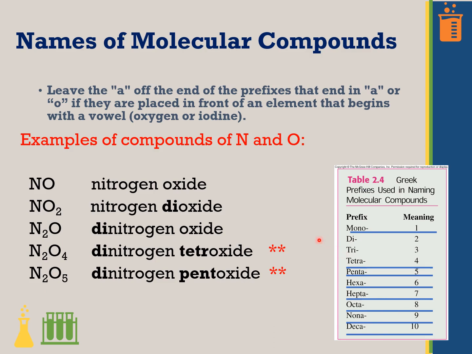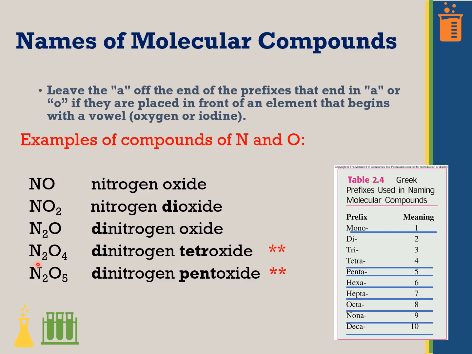So what this rule is trying to do is not have two vowels, the A or the O, next to each other, but that won't apply if it's di or tri. So if the prefix ends in A or O and it's before a nonmetal that begins with a vowel, we drop the A.